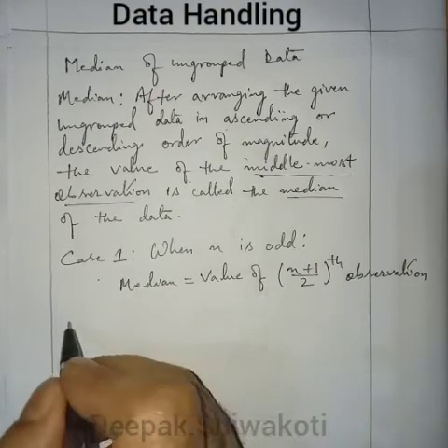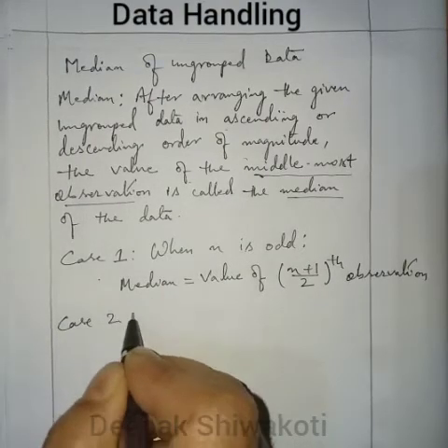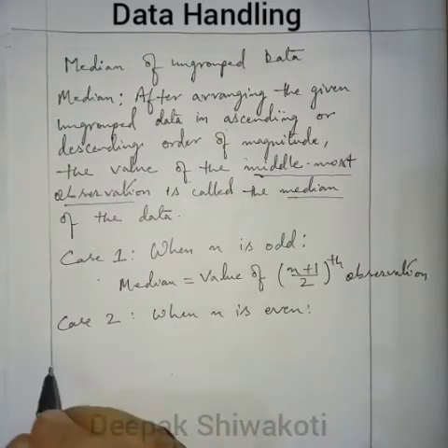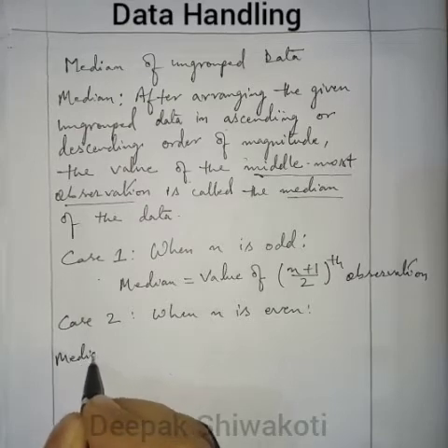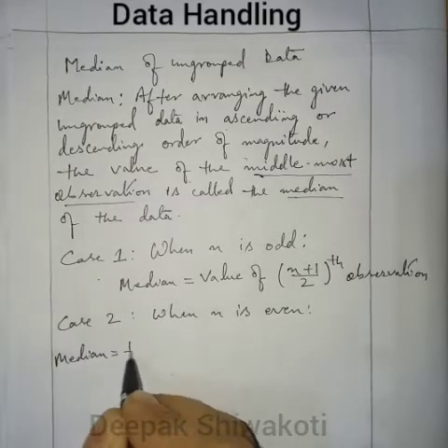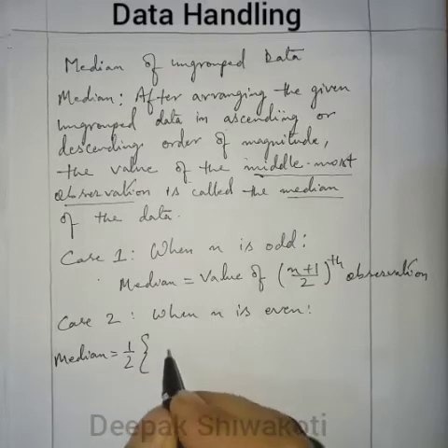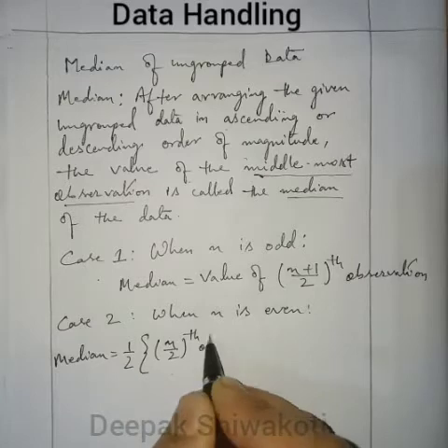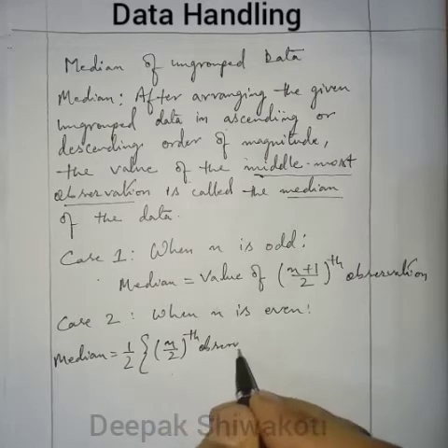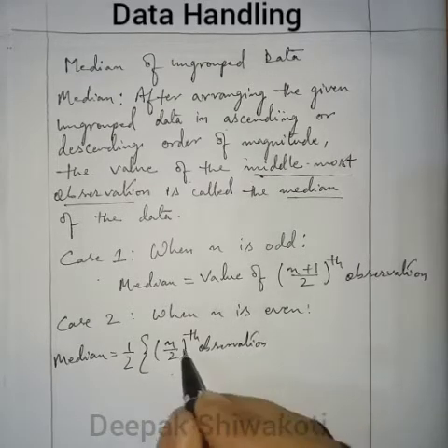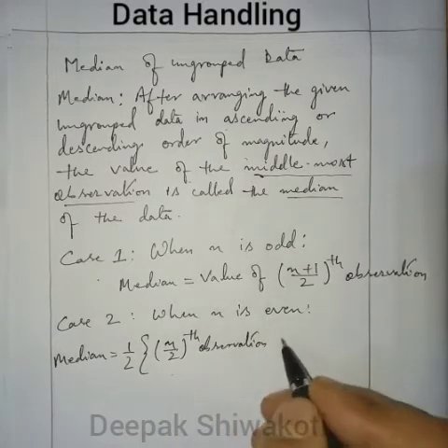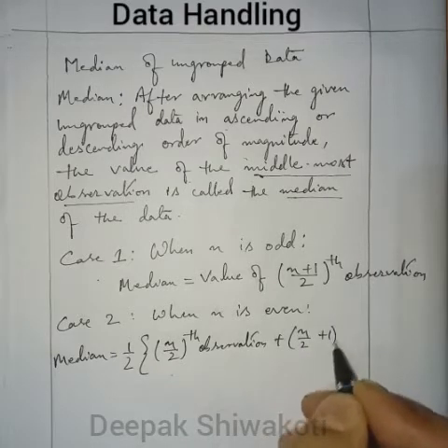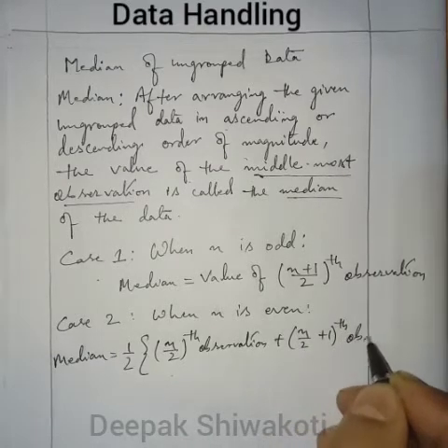Case number 2, when n is even, the median will be given by half of the n by 2th observation, where n is the number of observations, plus the (n by 2 plus 1)th observation.